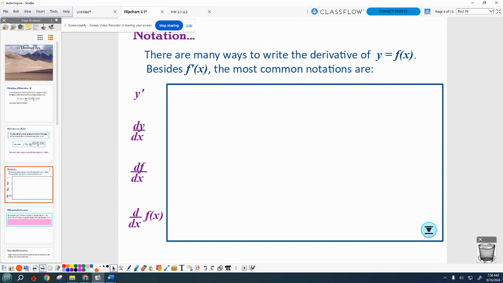Now, there are also lots of ways to write it. You need to know this. You don't need to know the words that are under it, but I will show them to you. They are all forms of saying, what's the derivative?